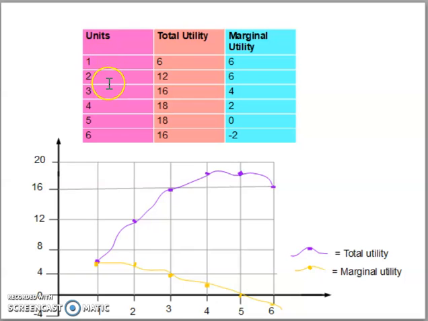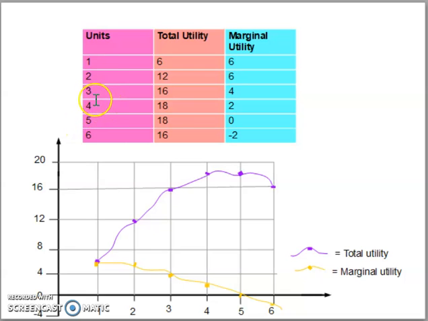One unit of ice cream will give total utility of 6 and marginal utility of 6. So the first one will be the same. But when two ice creams are eaten, the total utility is 12, but the marginal utility is 6. So marginal utility is the difference between total utilities.